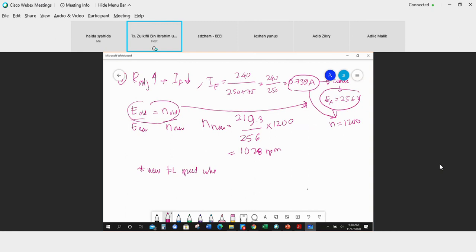When R adjustable is reduced from 175 is increased from 179.5 to 250 ohms.